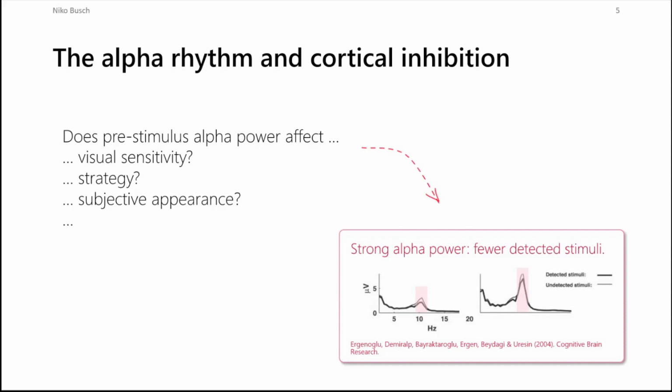That's possible. It could also be that the alpha rhythm somehow has an effect on how people make the decision what to report. Maybe similar to when you're a subject in my experiment. I tell you, look, you get €5 every time.